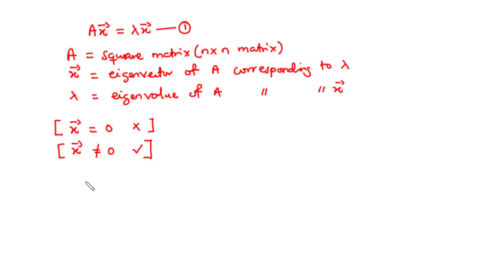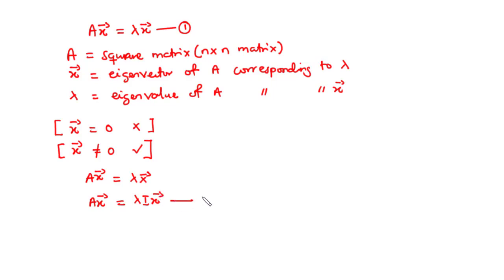So from equation 1 we have Ax equals lambda x, and then what we are going to do is insert the identity element in between lambda and x on the right hand side of the equation. So we are going to have Ax equals lambda Ix.